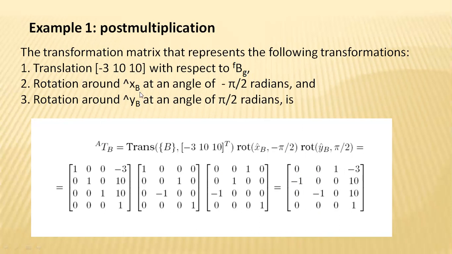The rotation around the x-axis is done at an angle of -π/2 radians, and rotation simultaneously along the y-axis with respect to the base frame B at an angle of π/2 radians. So here negative and here it is positive.